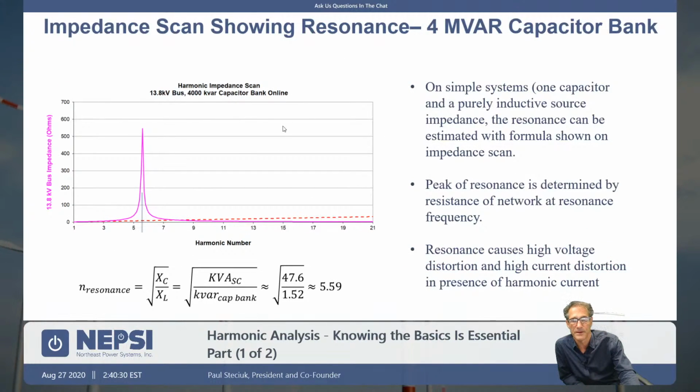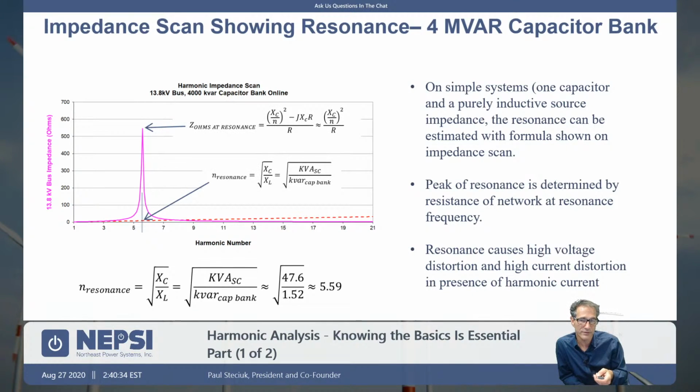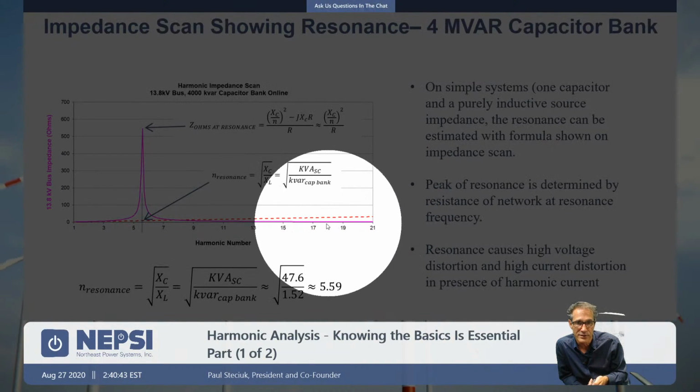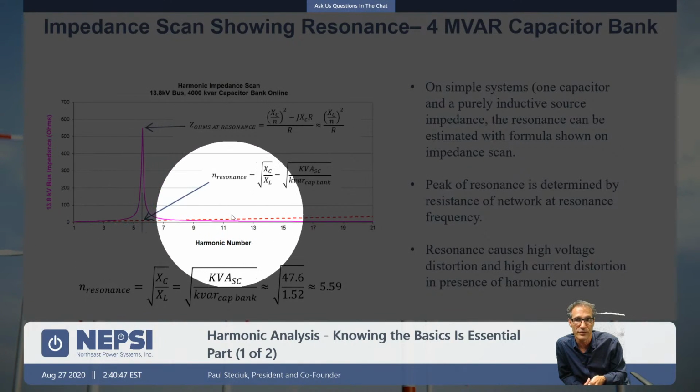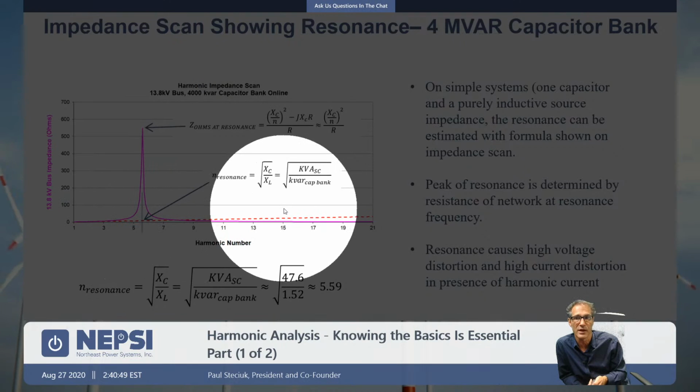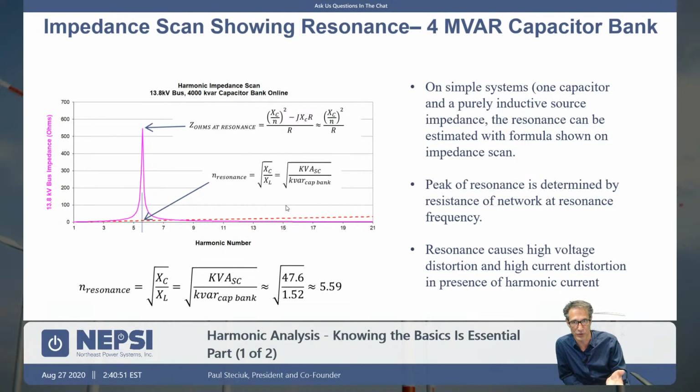Okay, so what happens during resonance? Now, where X of C equals X of L, we have what's called resonance, and basically the impedance has now changed. This red dashed line here is the impedance of the network of that transformer, that original red dashed line that I had previously shown.